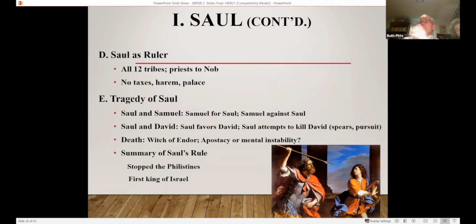People can be charitable or they can be really tough on this guy. But here he is trying to save these folks and using his whole life to defend them, wearing out against the Philistines. So the summary of Saul's rule, I would say, is that he did stop the Philistines and saved Israel. And he's the first king of united Israel.